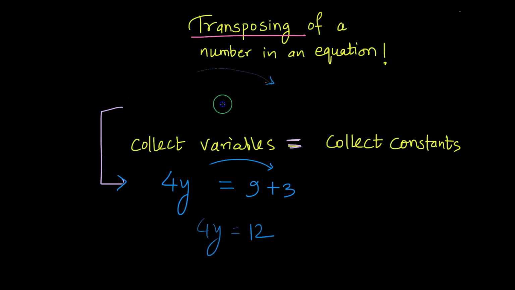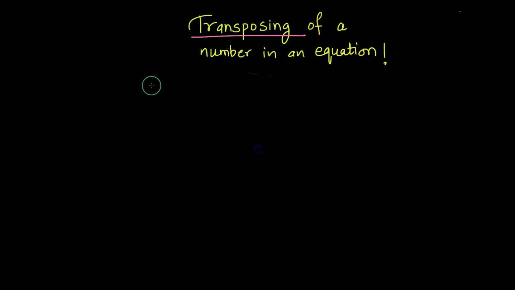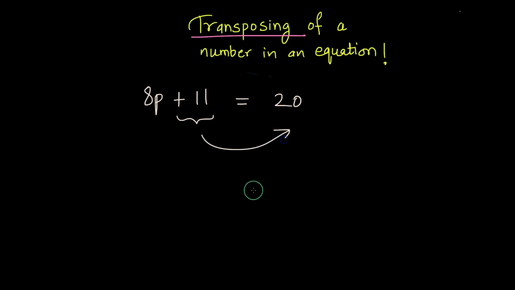Let us see how we can directly transpose some numbers. So let's say we have 8p plus 11 is equal to 20. Now here, to solve this equation again, we have to collect variables on one of the sides, and we just want to keep 8p on the left hand side, and then we will choose to transpose this term on the right hand side.